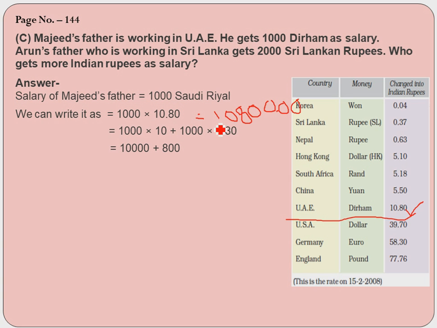So when I convert, how much am I getting? 10,800 rupees. That is the shortcut which you will follow. Otherwise, the normal way: 10.80 can be written as 10 plus 0.80. That is 1000 into 10 plus 1000 into 0.80. 1000 into 10 is 10,000.